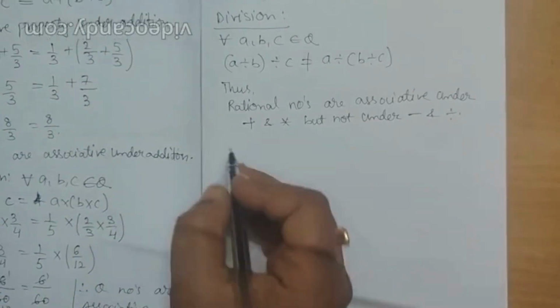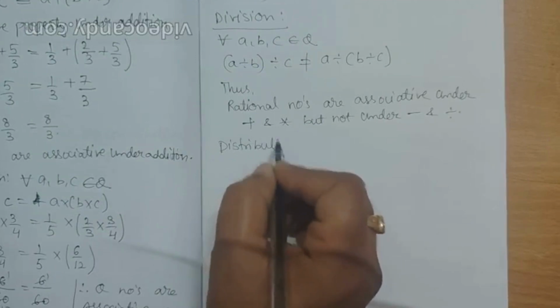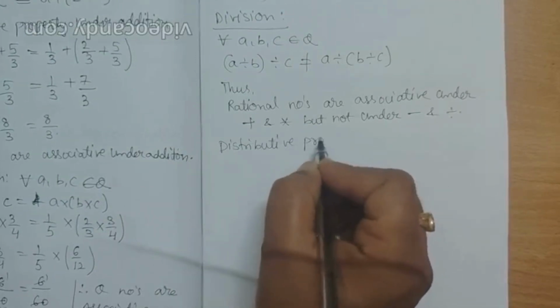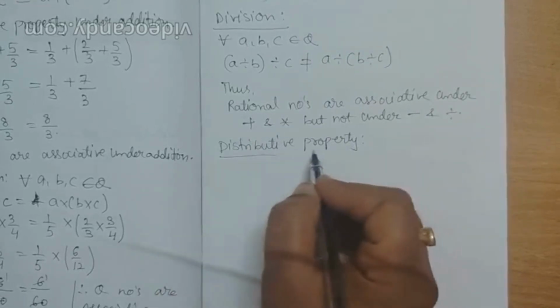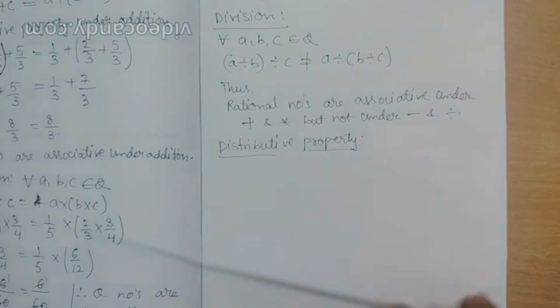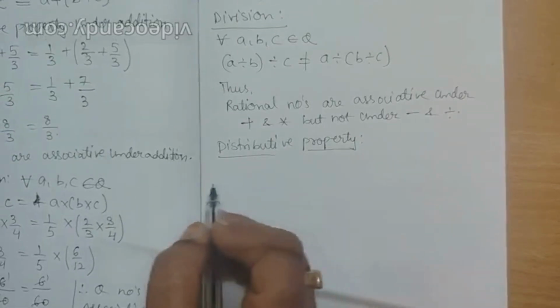Our next property is distributive property. In distributive property, we have two properties: distributive property of multiplication over addition and distributive property of multiplication over subtraction.